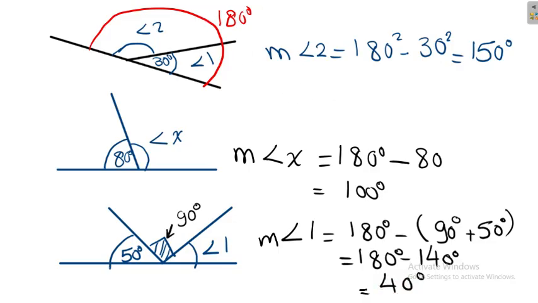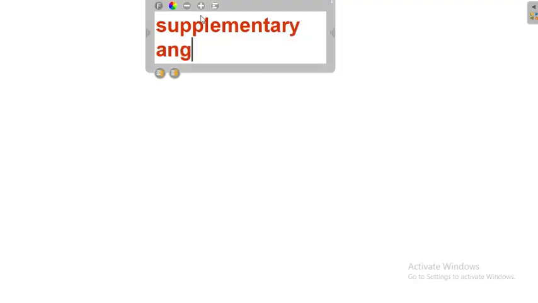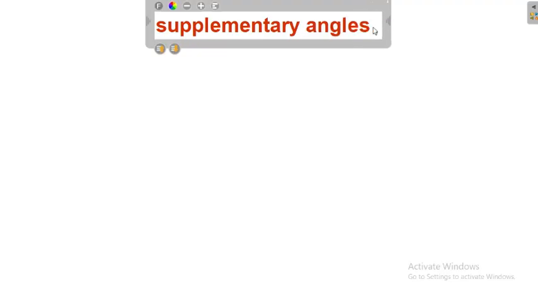another concept in our lesson. Let's move. The other concept we have is supplementary angles. Okay, what are supplementary angles? Supplementary angles are angles whose measures add up to 180.